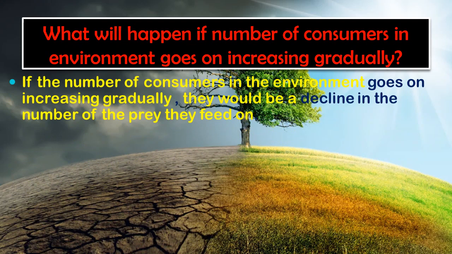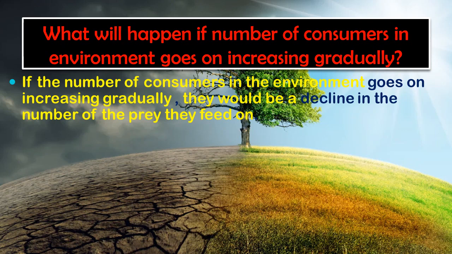If the number of consumers goes on increasing gradually, there would be a decline in the number of the prey they feed on. Prey are the animals that are hunted and killed by another animal for food.